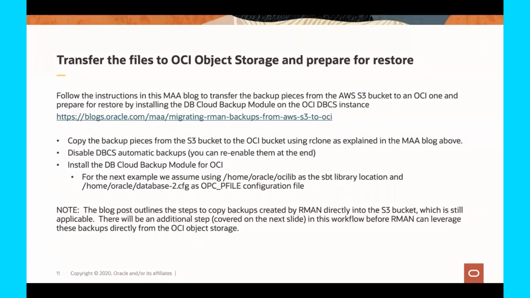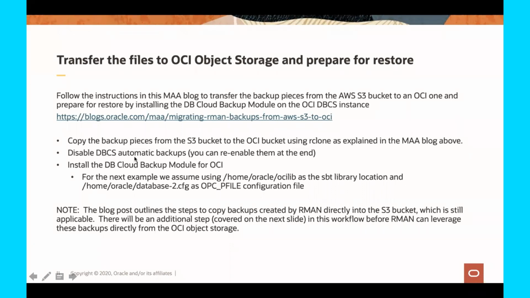This blog post linked here was specifically for moving backups from S3 to OCI, meaning that the objects stored in the S3 bucket that we worked with in that blog post were already in an RMAN format, in RMAN to cloud format. In our case, they're RMAN to disk format. So there is one thing more that we have to do before we can restore, but the process of copying them over is exactly the same.